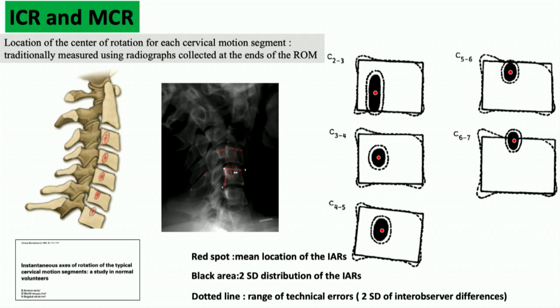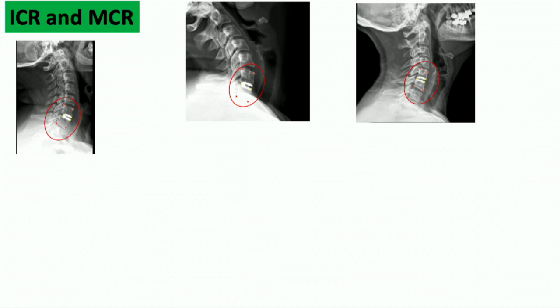We are also accustomed to look at the center of rotation, mean center of rotation. We look at the anatomical book, and we know that there is this typical distribution of the center of rotation.